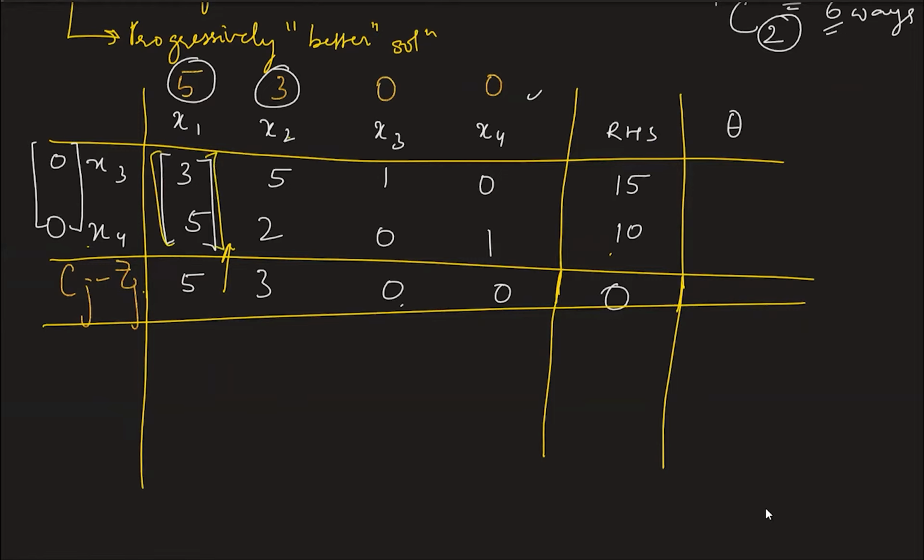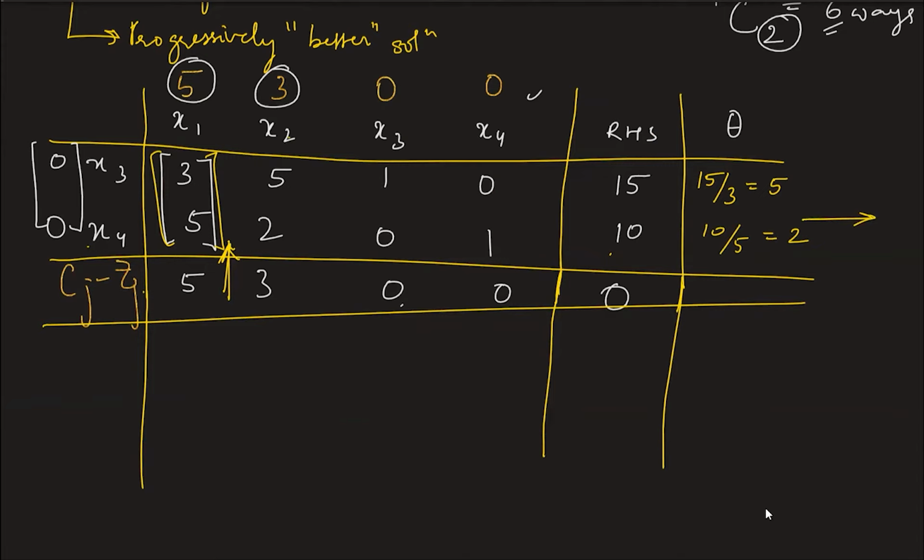We have to decide. Now, how do we decide? For that, we have a parameter called theta, which is RHS divided by the corresponding value. So in this case, it would be 15 by 3, that is 5. And in this case, it would be 10 by 5, that is 2. And the rule is that the highest Cj minus Zj enters and the lowest theta leaves.